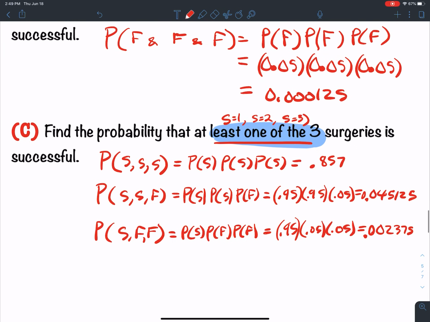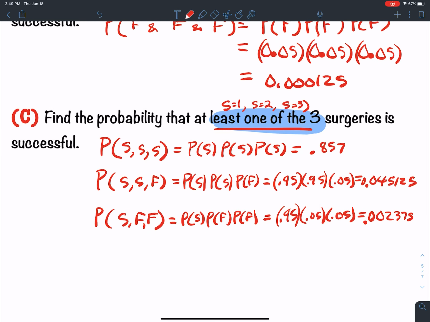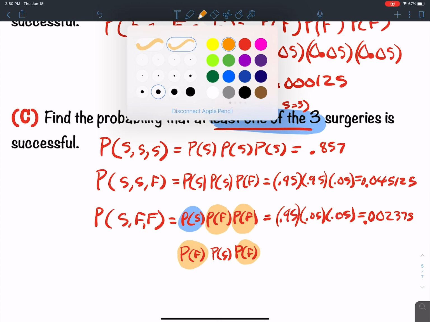All right, now we've got ourselves a problem, because if I have a success on the first one, but then I have 2 failures, that's a different scenario than having a failure on the first one, a success on the second one, and then a failure on the last one. Okay?